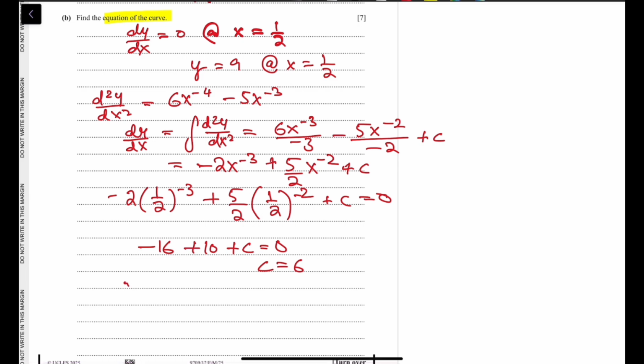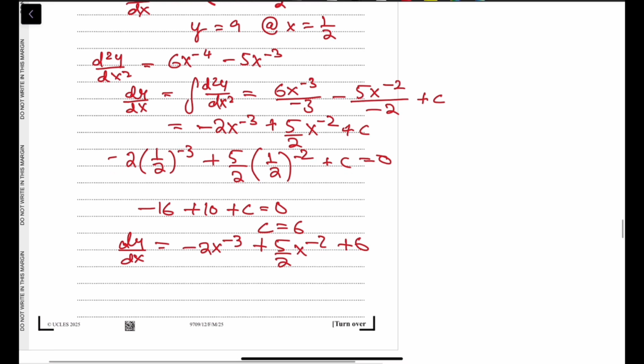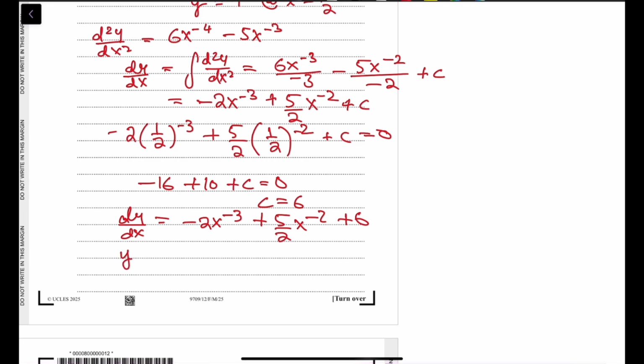So we know that that is our dy/dx. Our dy/dx, again, equals negative 2x to the power negative 3 plus 5 over 2 x to the power negative 2 plus 6. Now, to find our equation for y, we are going to integrate once more.